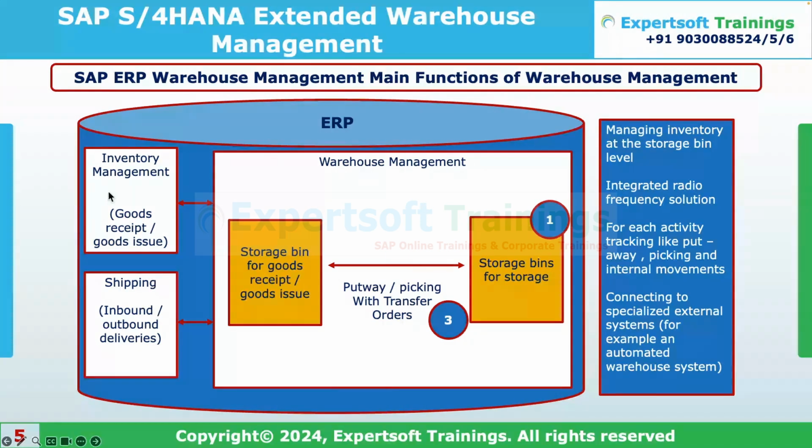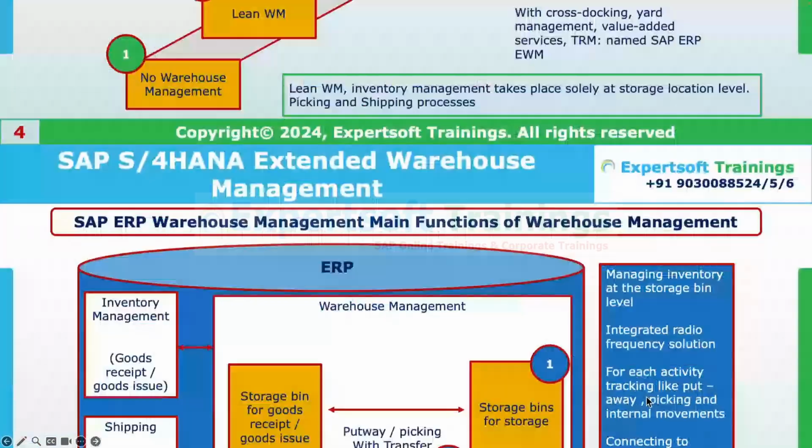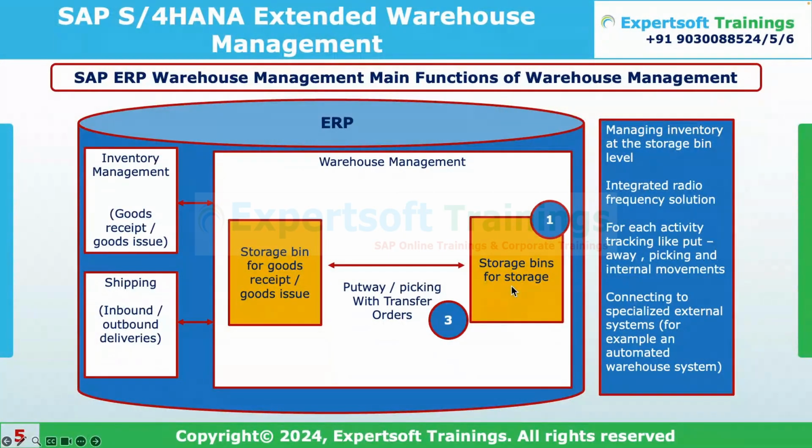And all these modules are in the same client or the same server, in the ERP system. As you have a separate organizational structure for your SAP WM, your inventory management is now taking place at a bin level, not at a storage location level. In lean warehouse management it was taking place at a storage location level, but now it has been moved to the bin level.